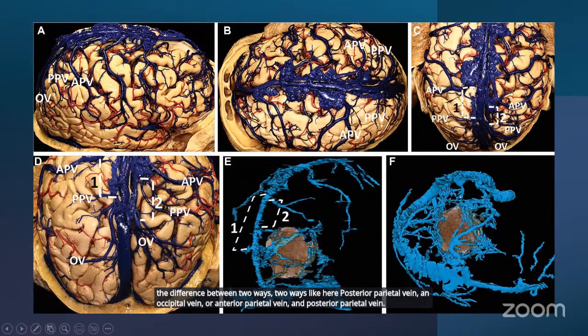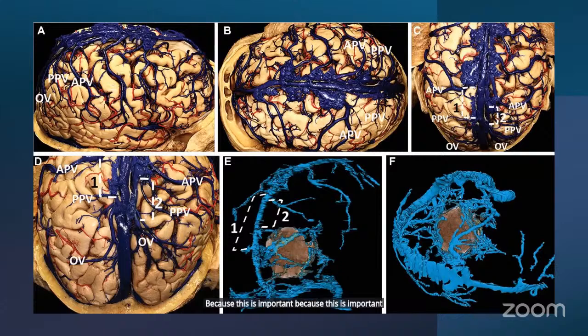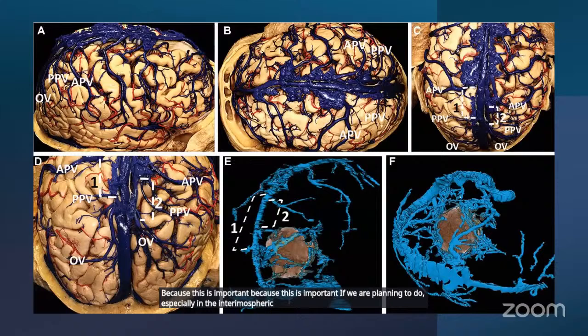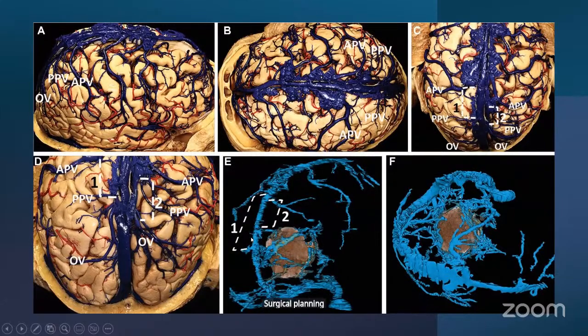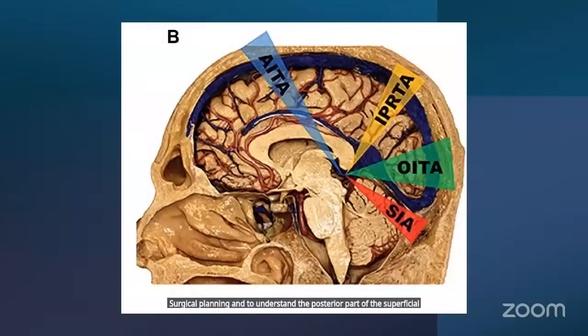Because if we go this much posterior, we cannot sacrifice these veins. It will be catastrophic. So understanding the posterior part of the superficial veins is very important for surgical planning.